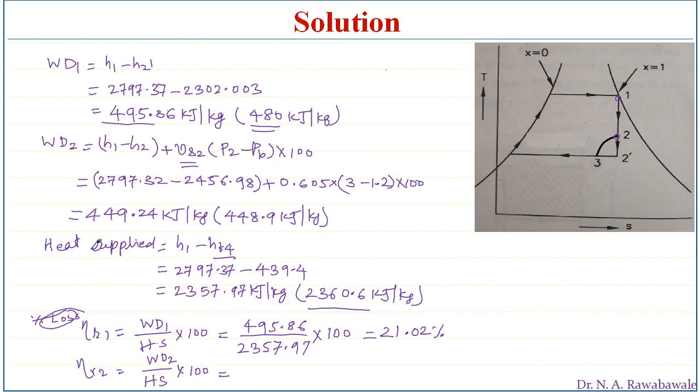Work done 2 is 449.24, divided by heat supplied 2357.97, into 100. This gives us Rankine efficiency 2 as 19.05%.